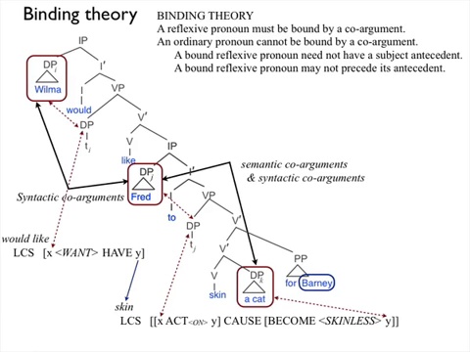Okay, and so in a structure like this, we have an infinitival clause as the embedded clause. We have a verb like that is part of a larger lexical structure, would like, that has a particular meaning, and the verb like here has an infinitival complement with a to-head.